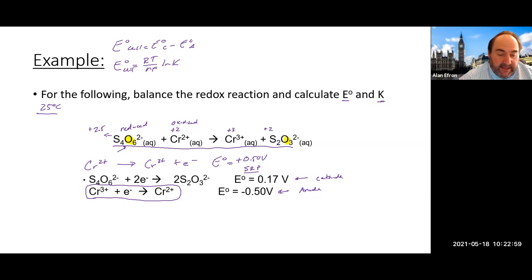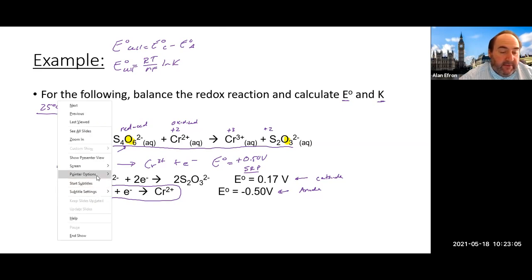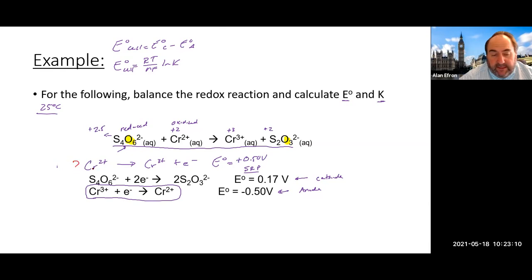In addition, I also have 1 electron in the top guy now and 2 in the bottom, which means I really need to multiply that half reaction by 2 to get the right number of electrons all the way across. Remember, when we multiply by 2, it has no effect on this value. So I'm just going to eliminate this out of it here.